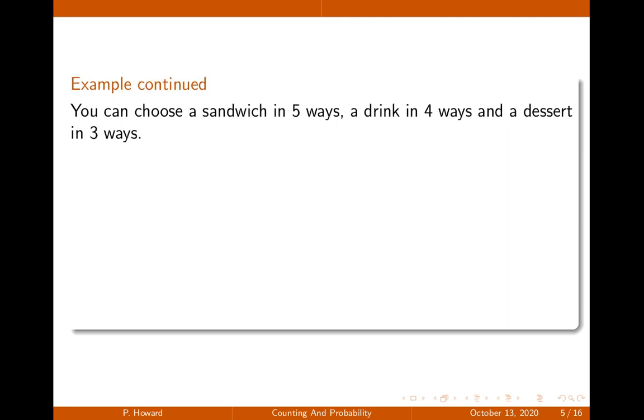The choice of sandwich can be done in 5 ways, the drink can be chosen in 4 ways, and the dessert in 3 ways. So the number of ways of placing an order is 5 times 4 times 3, which is 60 possible orders.